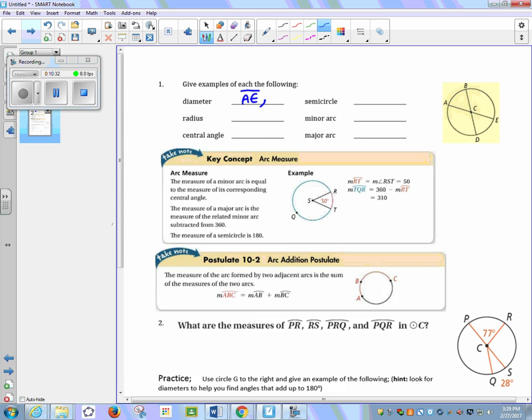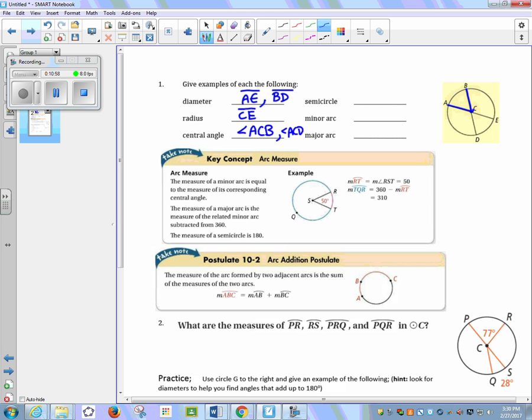Another diameter would be BD. A radius would be anything with C as an endpoint. So CE, CD, CA, CB, etc. A central angle, maybe angle ACB. Anything with C as the vertex, angle ACB or angle ACD. These are all central angles.